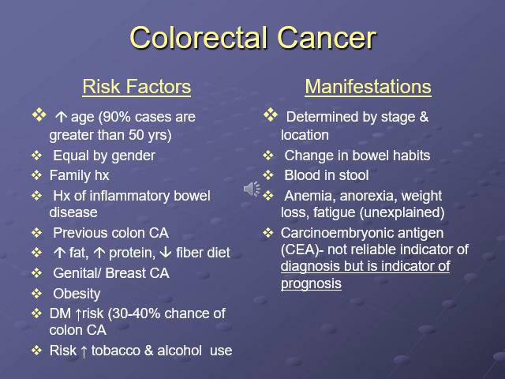Blood in the stool is definitely a later sign, as are anemia, anorexia, weight loss, and unexplained fatigue. Hopefully we're not waiting for those signs and symptoms to get our initial diagnosis, but sometimes that does occur. And then the CEA, just a reminder, isn't a reliable indicator for diagnosis, but it definitely can help with the prognosis.